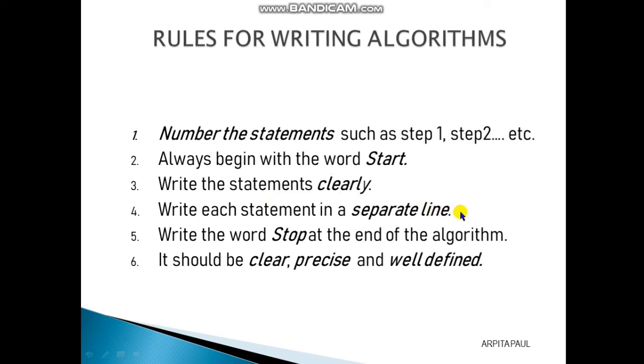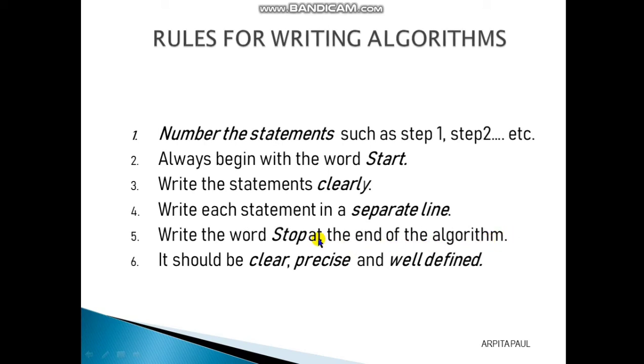Next one is, write each statement in a separate line. Like I have written here, each of the steps is on a separate line. In the same way, whenever you are writing an algorithm, you have to write all the statements on separate lines. Next one is write the word stop at the end of the algorithm.